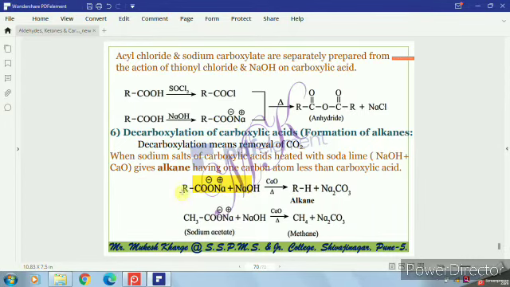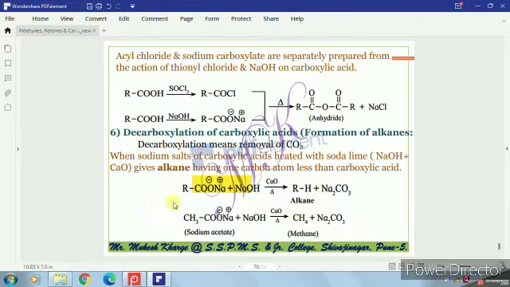H will attach to R, so we get RH plus Na2CO3. In this way you can write your product. For example, if R is equal to CH3, your compound is sodium acetate, reacts with soda lime, NaOH and CaO. We heat the mixture. What do we get? Methane. Simply add hydrogen to your alkyl group and remove the COONa with NaOH. So we get Na2CO3 plus methane as a product.